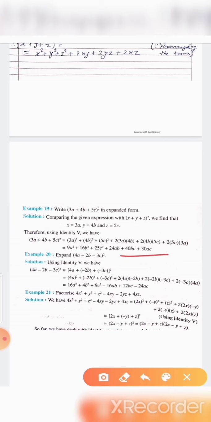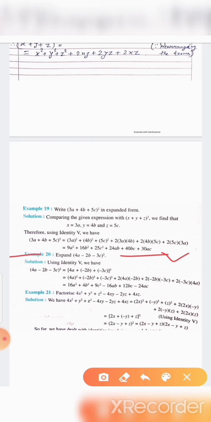Multiplying the terms we get the expansion as 9a square plus 16b square plus 25c square plus 24ab plus 40bc plus 30ac. It will be the answer of our example.